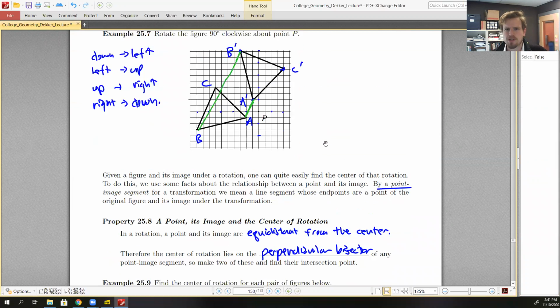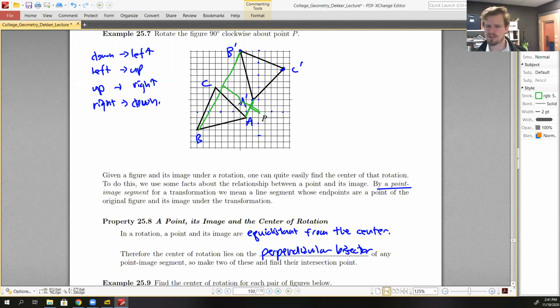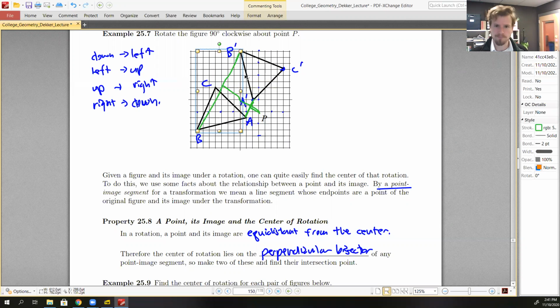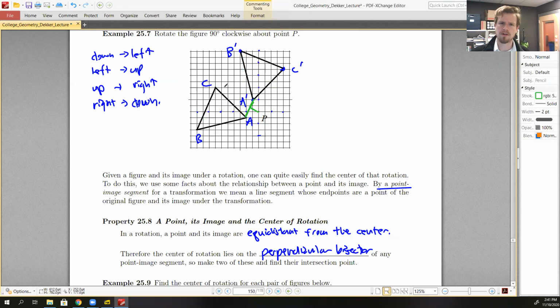All right. So if we consider the perpendicular bisector of these two lines, where these two intersect will be right at P. This is maybe not the best one to consider. Maybe it would have been better to look at where C, this guy.